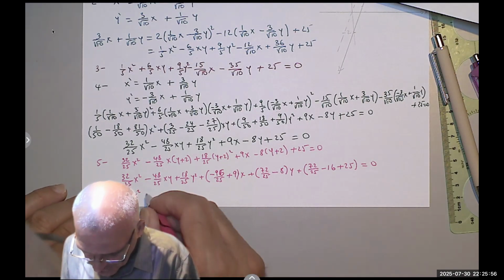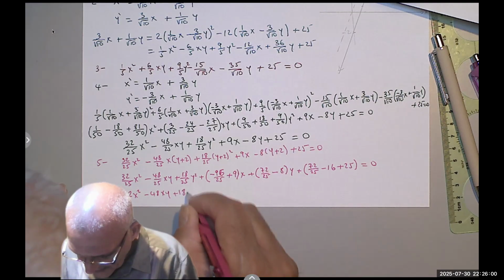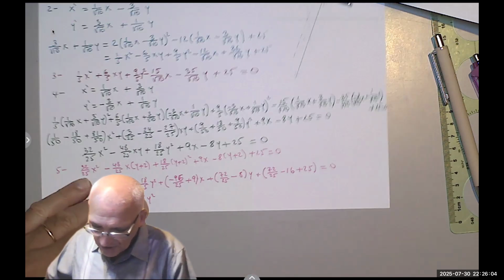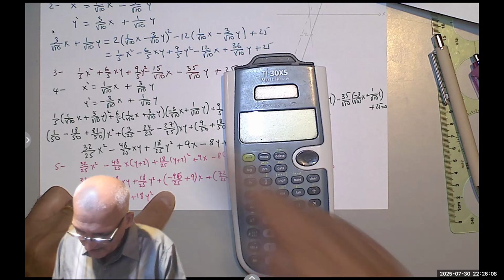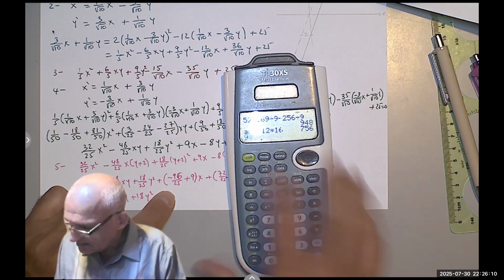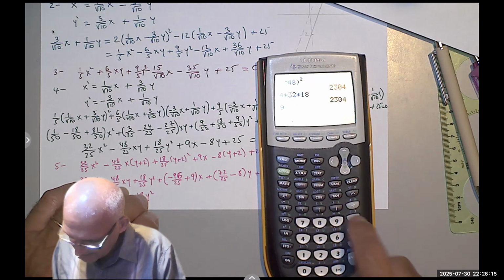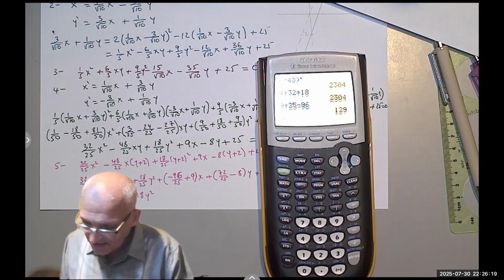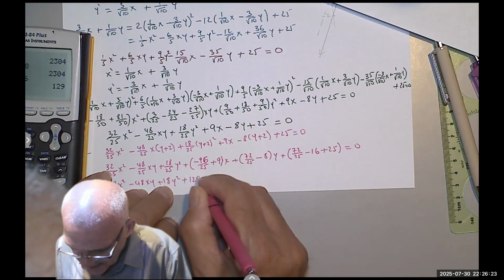So that would be 32x squared minus 48xy plus 18y squared. Now, the 9, you see what I can do? Forget about the 25. I'm going to say 9 times 25 minus 96, which is 129. So plus 129x.